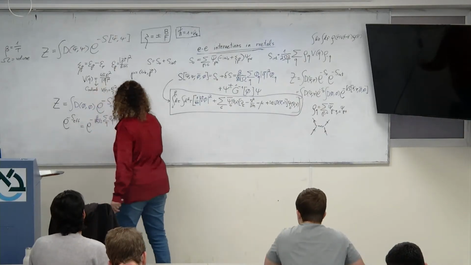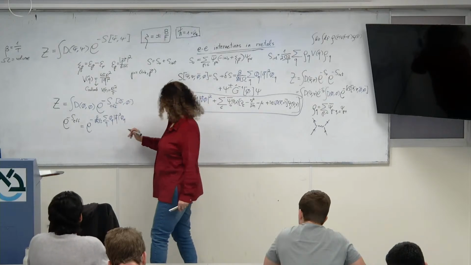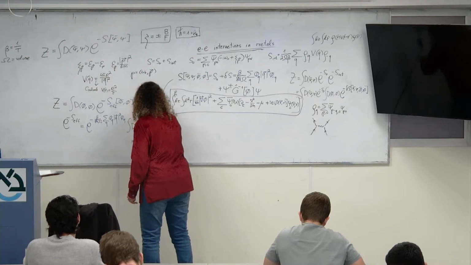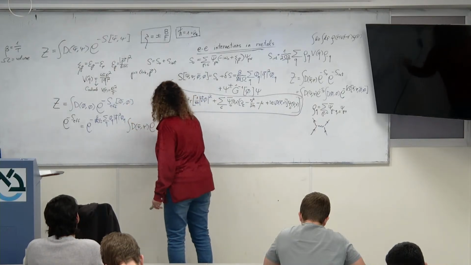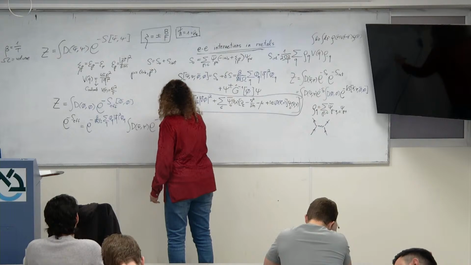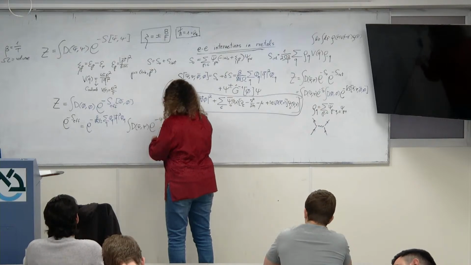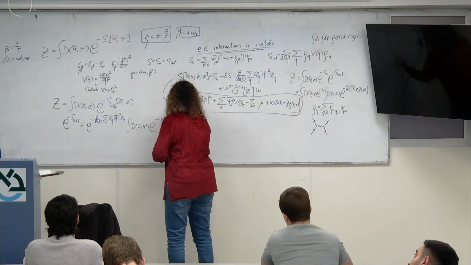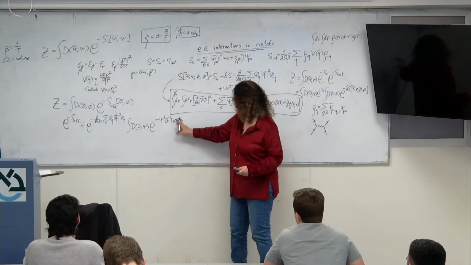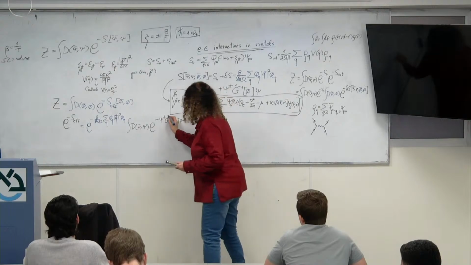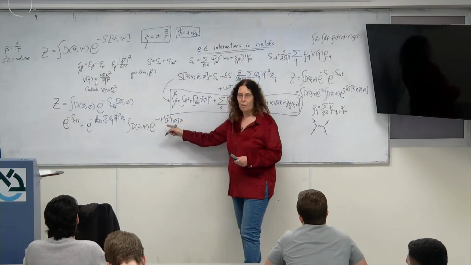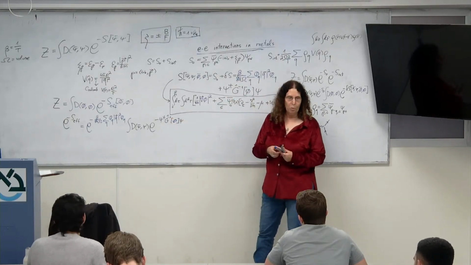So e to the minus S effective has a trivial Gaussian factor, but then it's multiplied by something that comes from an integration of e to the minus a quadratic action, g of phi. This g contains a dependence on phi, but by itself it's just a matrix that couples the fermions quadratically, and we know how to solve this integral.